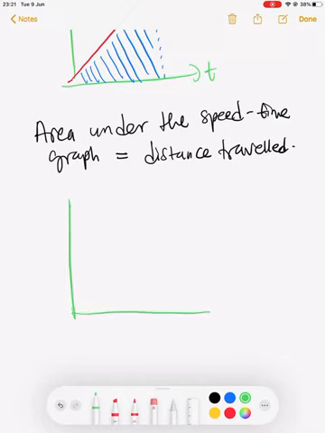Let's say we have a graph here, with speed and time. Time in hours, speed in kilometer per hour.